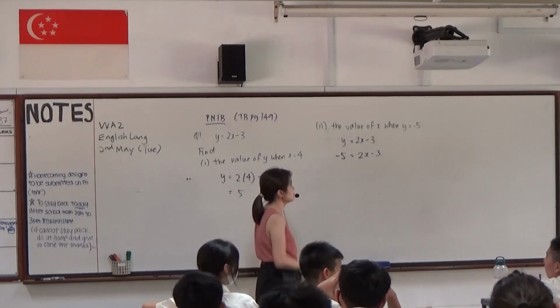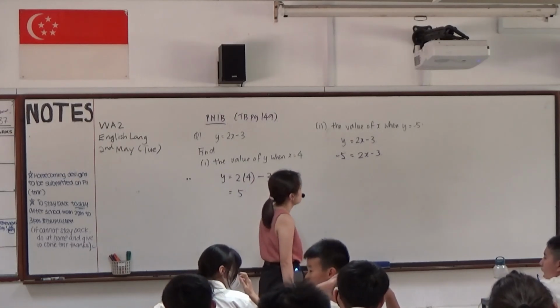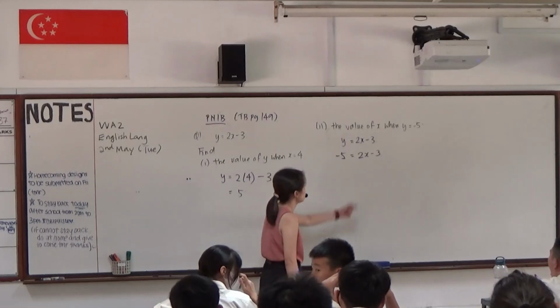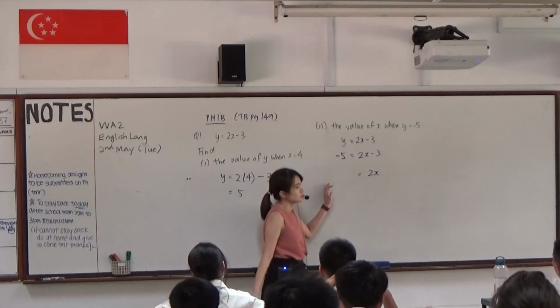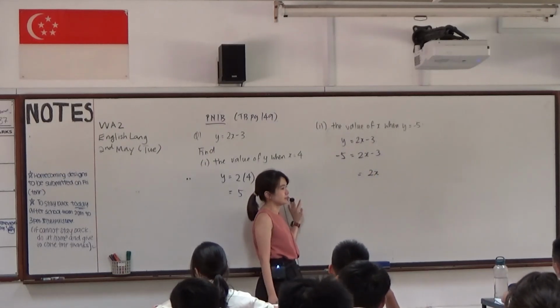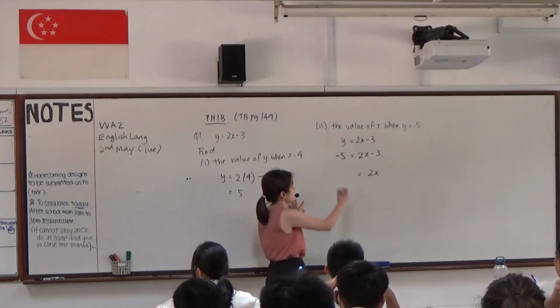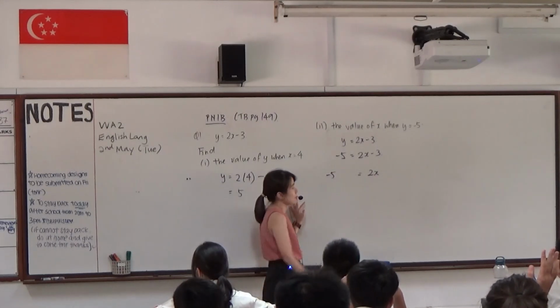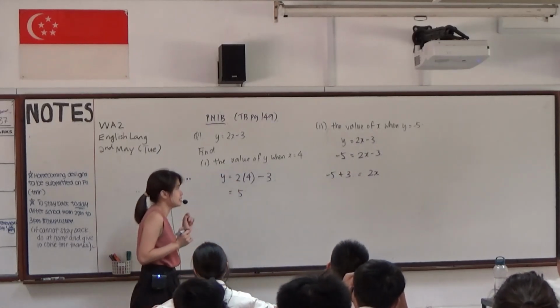It goes back to our equation solving. What is the next step? I want to find x, so let's leave x behind. I want to get rid of this minus 3. -5 plus 3. Yes. Hope that comes out from yourself and not from Marcus.